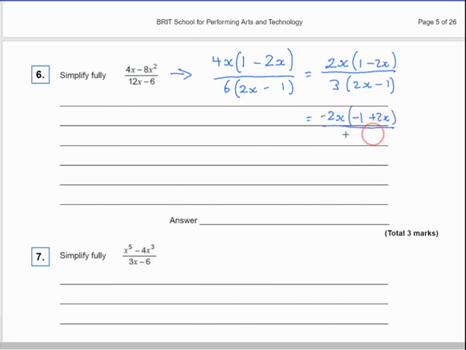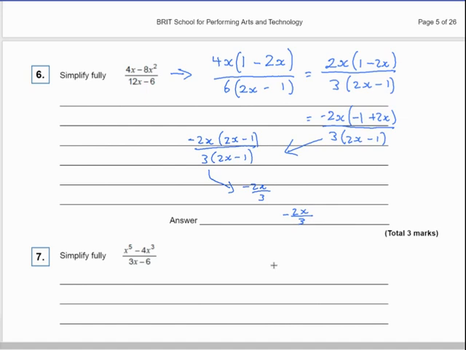Okay, and that's over 3 lots of 2x minus 1. If I write this the other way around, I have 2x minus 1, and that's over 3 lots of 2x minus 1. Well, look at that. Now the 2x minus 1's cancel, and I'm in fact left with -2x over 3. So my final answer is -2x over 3.